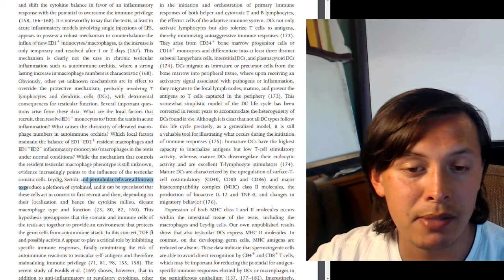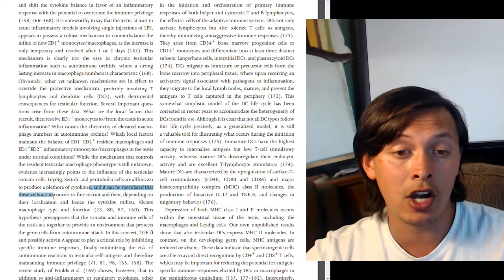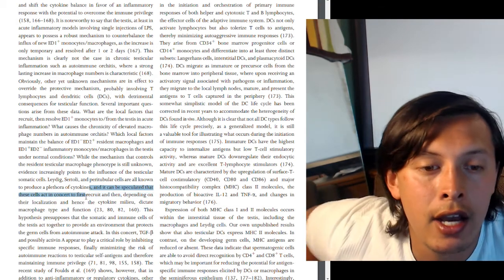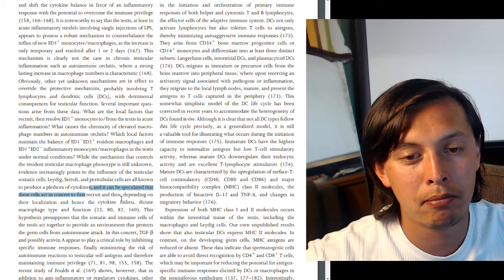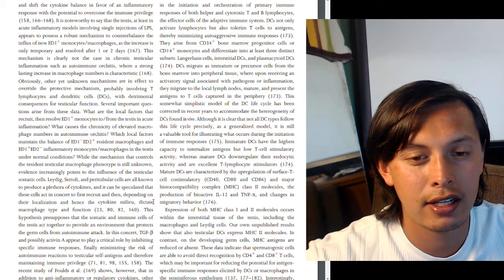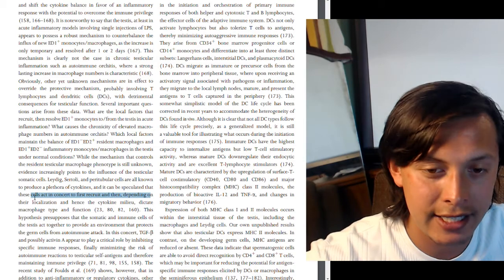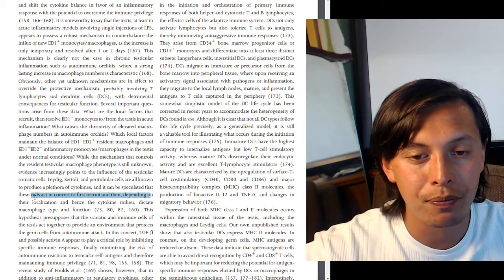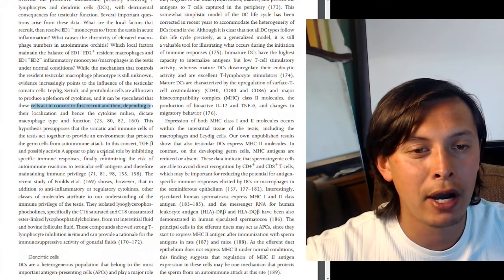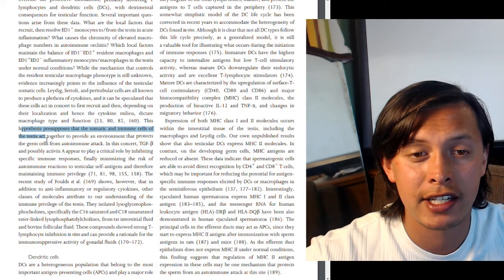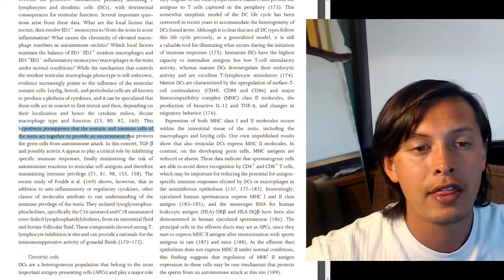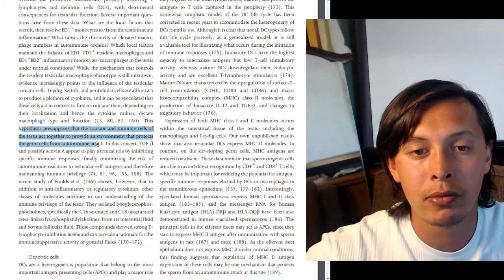It can be speculated that these cells act in concert to first recruit, and then, depending on their localization and hence the cytokine milieu, it dictates macrophage type and function. This hypothesis presupposes that the somatic and immune cells of the testes act together to provide an environment that protects the germ cells from autoimmune attacks.